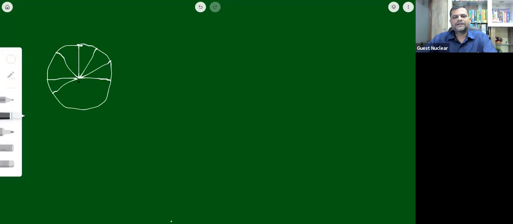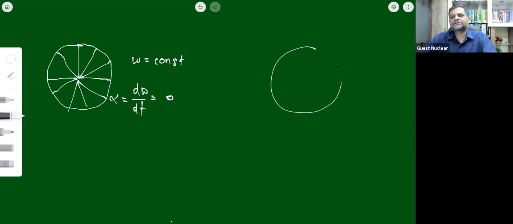Hence its omega always remains constant, and since omega is constant, the rate of change d omega by dt, which is called alpha, that is the angular acceleration, will be equal to 0. It is the centripetal acceleration which is towards the center, along the radius, of magnitude v square upon r, or r omega square, or v into omega.